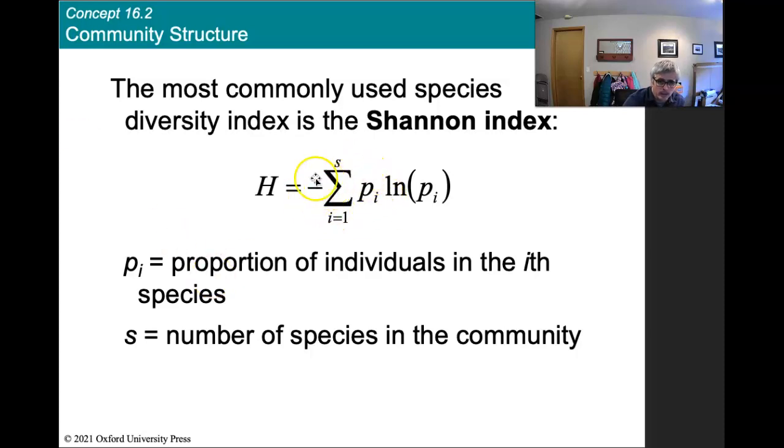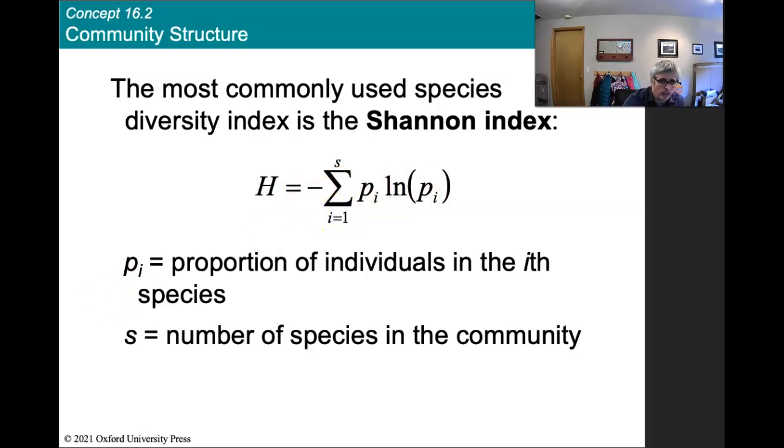All we're doing is, there's a negative sign here, so we'll come back to that. But it's the sum of the proportion of individuals for a given species times the natural log of that proportion of abundance, and we add that up for every species in the system and then times it by -1.